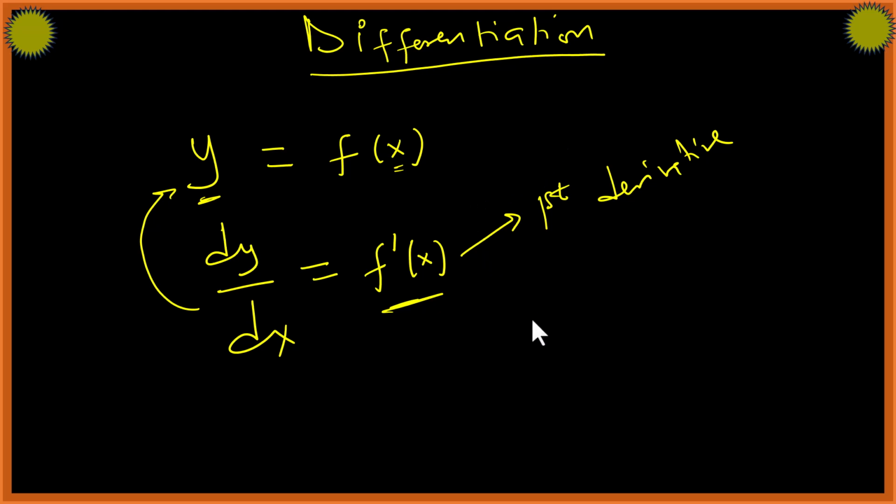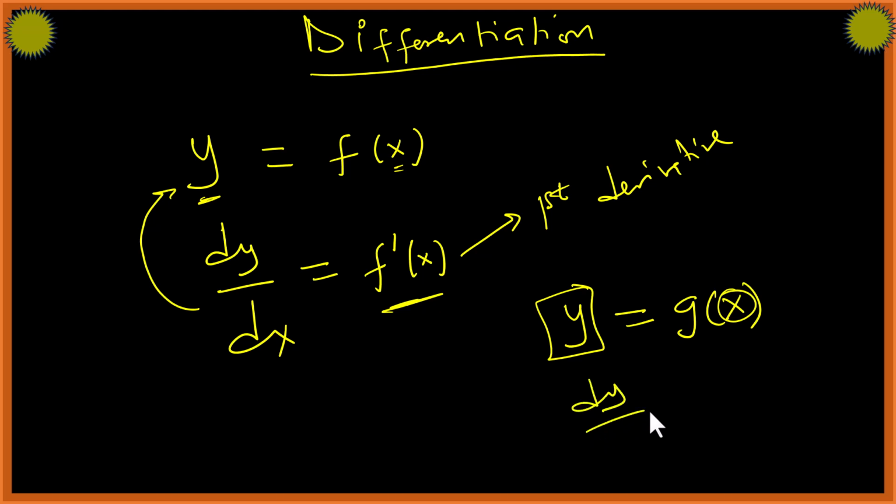Okay, so if I go again, in case we're given y and x, my dy dx is the same as g prime of x, which is the derivative of y with respect to x.